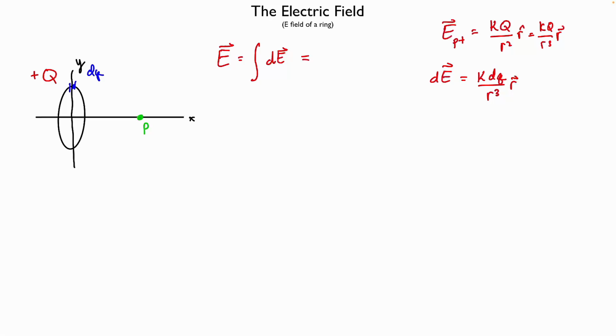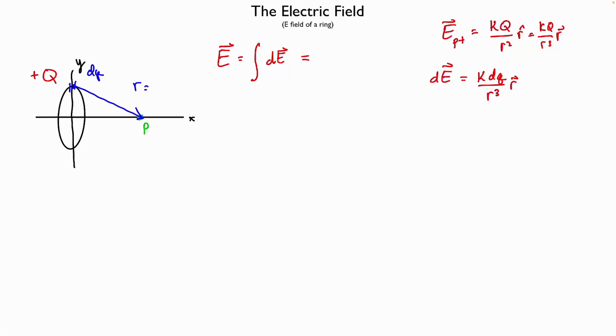On that charge. And where does it end? At the place where I'm trying to find the field. So I'm going to draw a vector that goes straight from that little piece of charge sitting at the top of the ring down to my point P. And then I'm going to read right off of this what that vector is. My R vector. What is its x component?